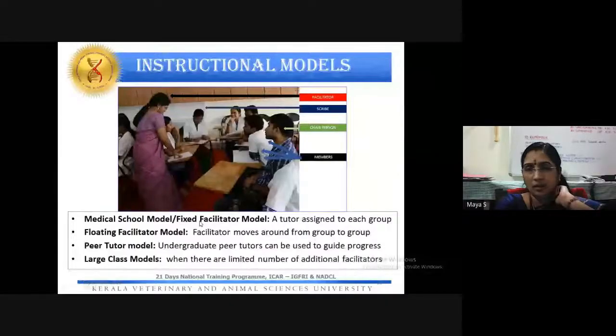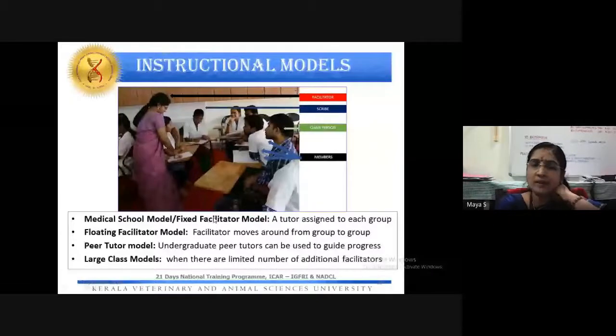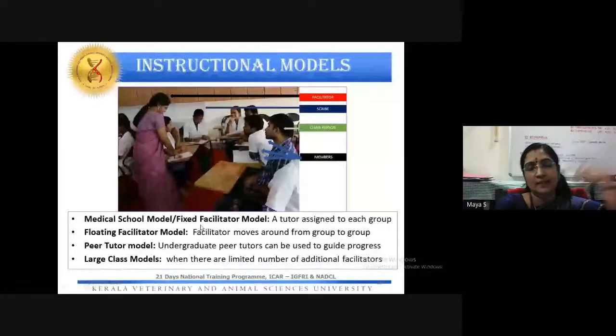One facilitator will be provided if there are enough faculty members in a department. Say, if there are 10 faculty members in a department, we will assign a fixed facilitator, a fixed teacher, for a single group. So 10 student groups and 10 teachers, one teacher for one group. That method is the fixed facilitator model.